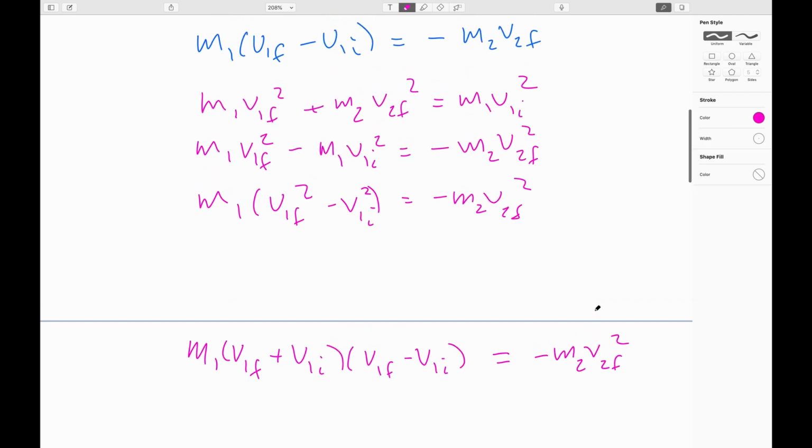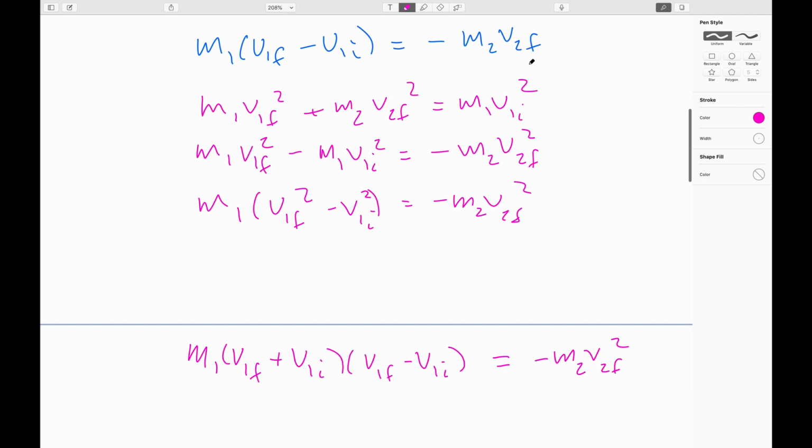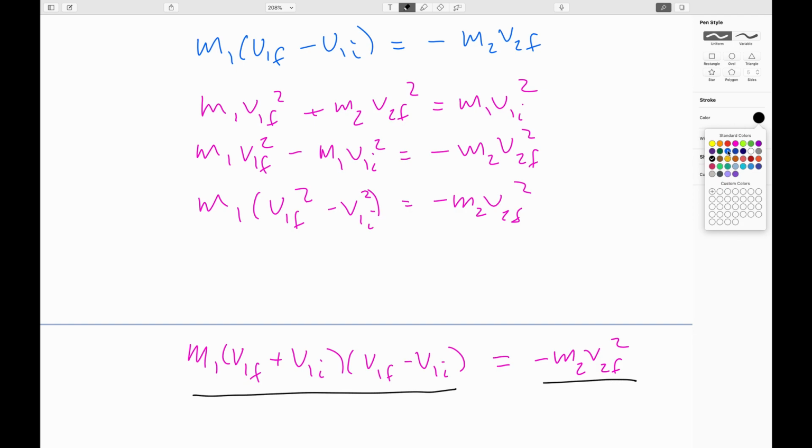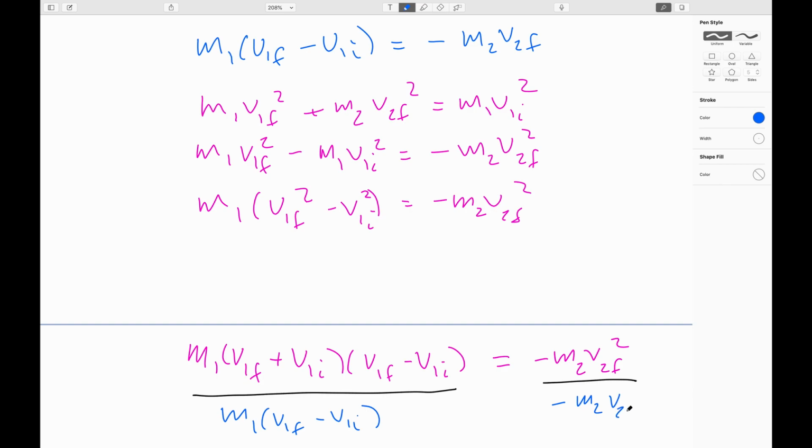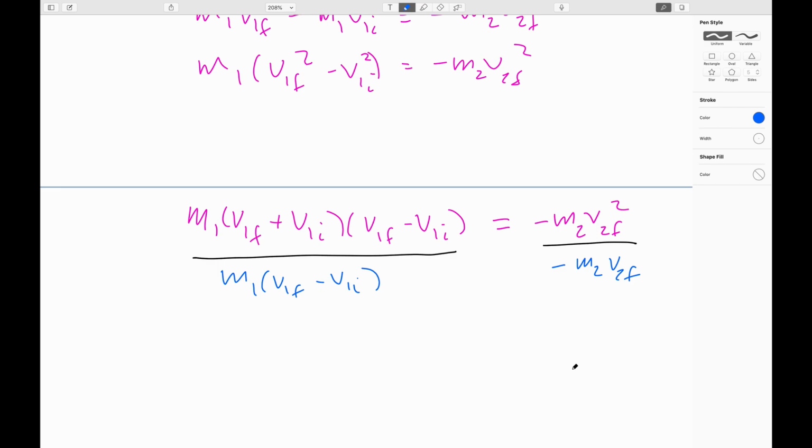All right, now I remember this result I had earlier, so I can divide the two equations. I will divide the left-hand side of the pink equation by the left-hand side of the blue equation, M1 (V1 final minus V1 initial), and on the right-hand side, minus M2 V2 final. And we get a cancel-palooza.